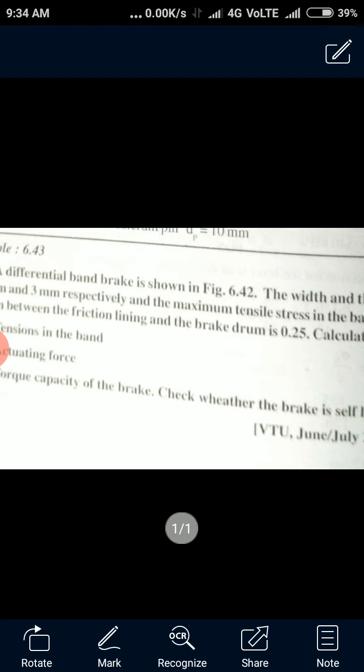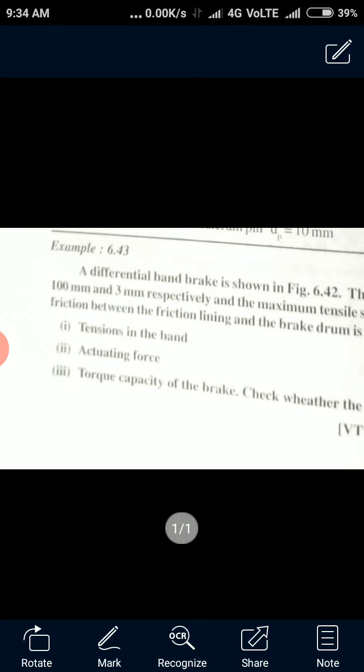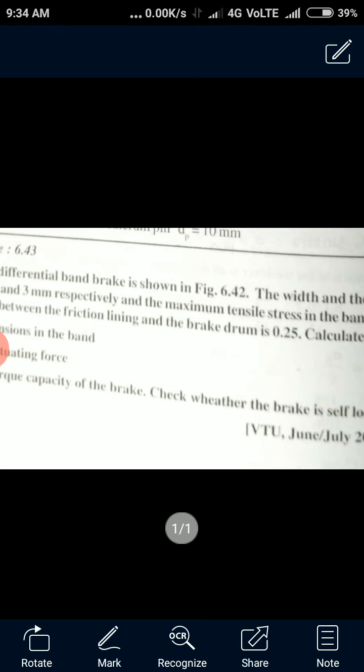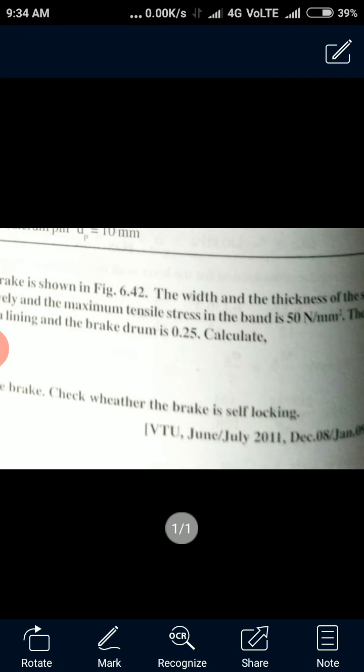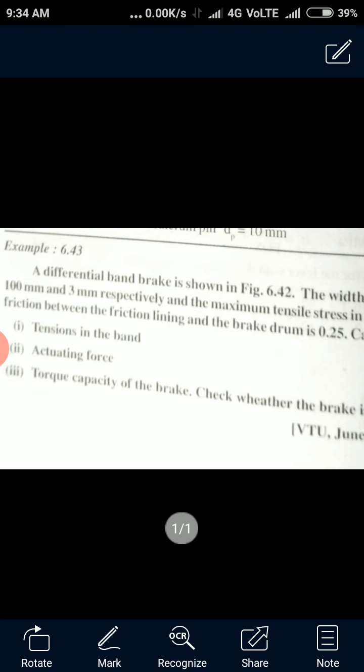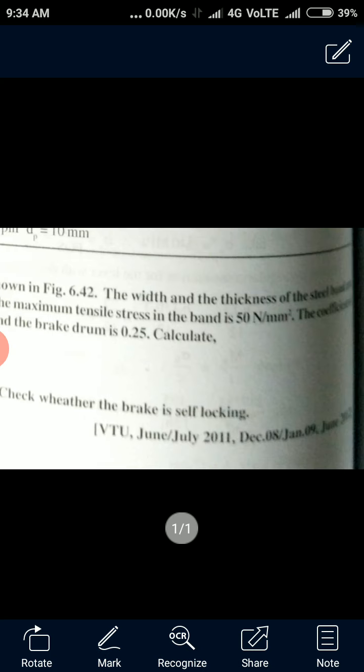The coefficient of friction between the friction lining and the brake drum is 0.25. Mu is given. Calculate tensions in the band, so we are asking T1 and T2, and actuating force F, and the torque capacity of the brake MT. Check whether the brake is self-locking. So we have to calculate 4 parameters: tensions, actuating force, torque, and check the self-locking.